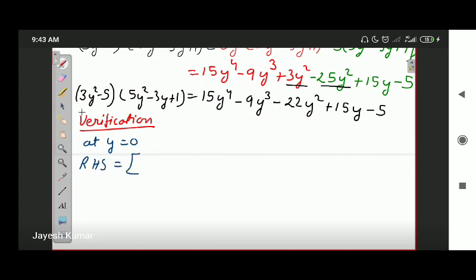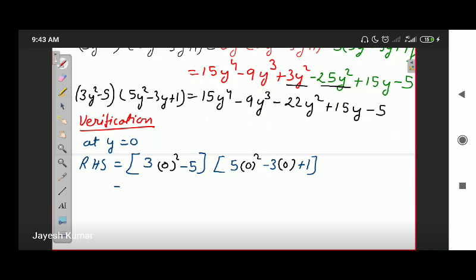in place of y we are going to write 0. 3 into 0 square minus 5, 5 into 0 square minus 3 into 0 plus 1.